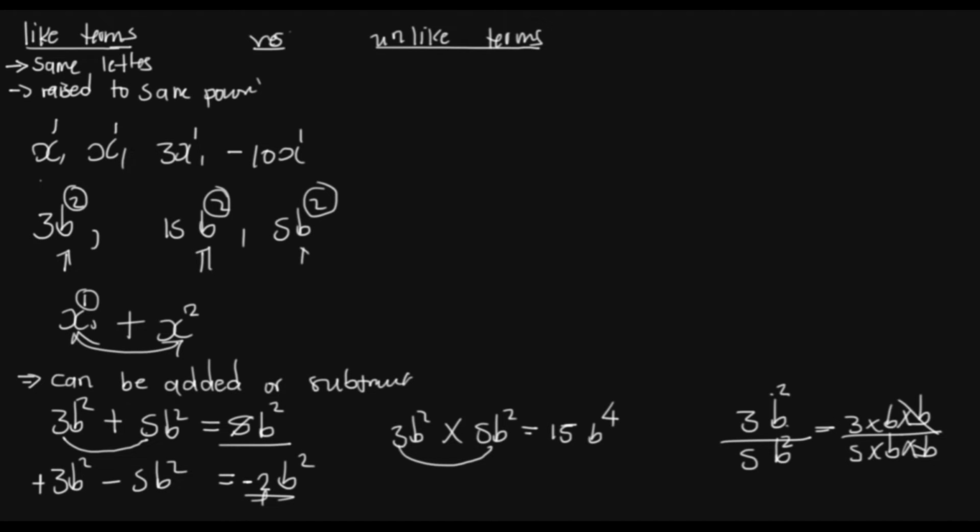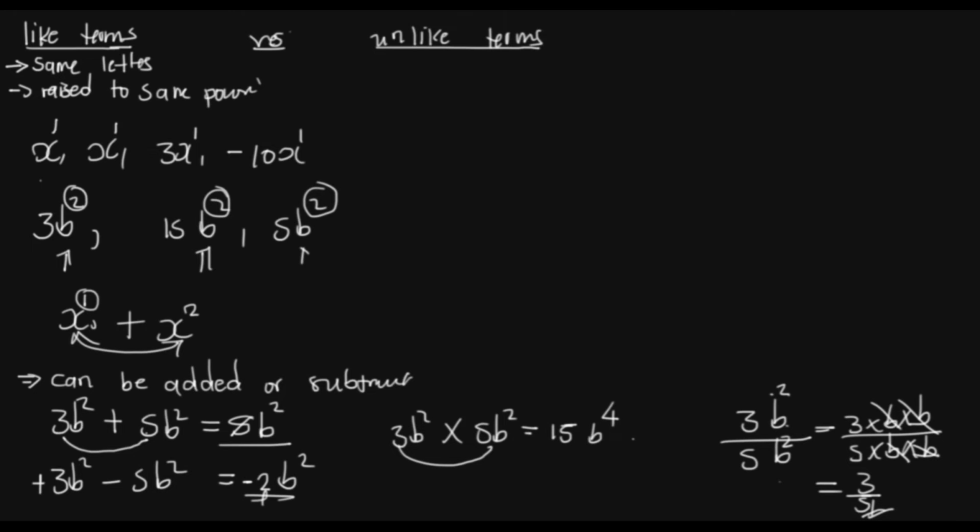So you can see that we can cancel the b's, therefore we are going to have 3 over 5. So the first point, like terms can be added and can also be subtracted. Then like terms can be multiplied or divided. So if you multiply like terms, we are expecting the power of the variables to increase.